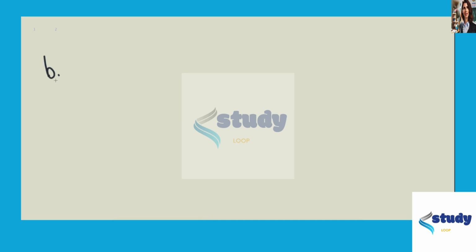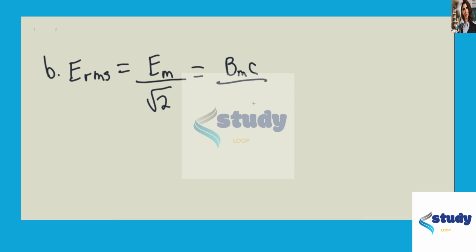For part B, we know that we have an expression for the root mean squared value of the electric component. So the root mean squared value of the electric field would be equal to E sub m, the electric field component of the electromagnetic wave, divided by the square root of 2. And so this would be equal to the magnitude of the magnetic field in the electromagnetic wave times the speed of light divided by radical 2.